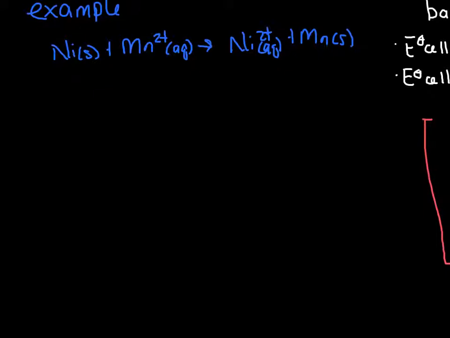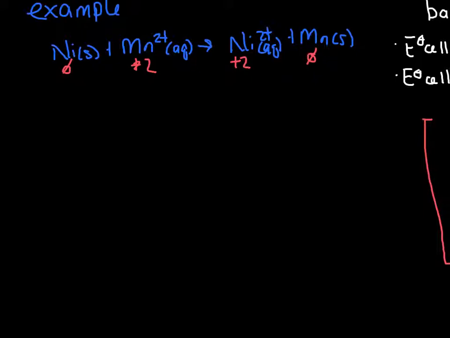Alright, the question is, is this reaction spontaneous? So what we want to do is determine which one's being oxidized and which one's being reduced so we know how to appropriately set up our calculation. So here we have nickel at 0, Mn has a +2 oxidation state. This nickel has a +2 oxidation state, and the remaining manganese has a 0 value.